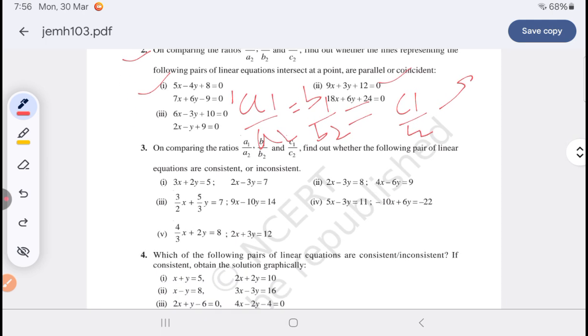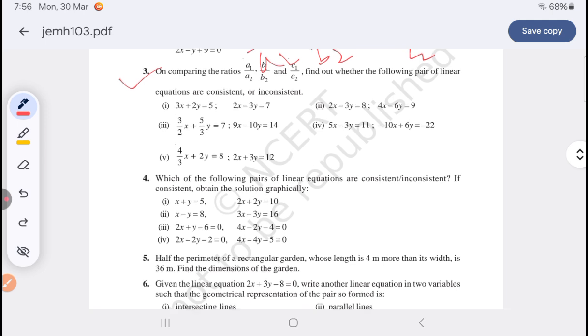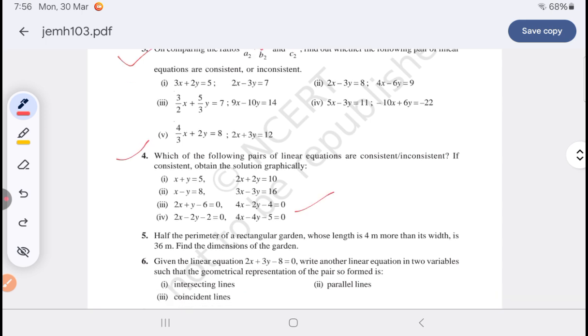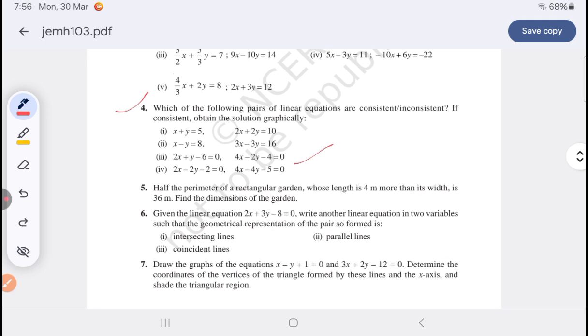And here also, check whether the equations are consistent or inconsistent. So graphically you do it. Refer to the solved example, then do it. Read the questions completely and do it, and form the equations.